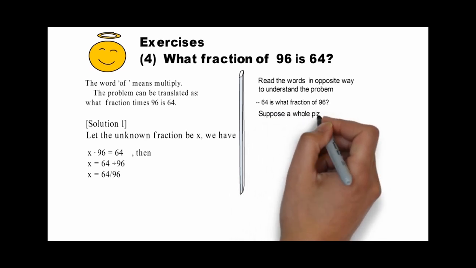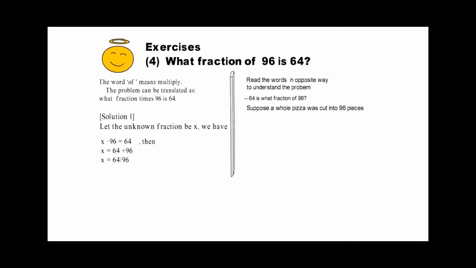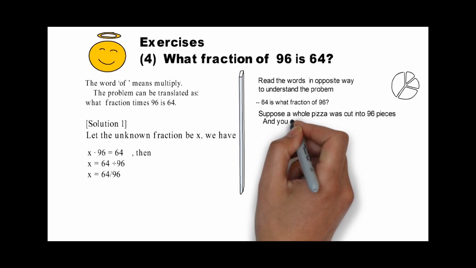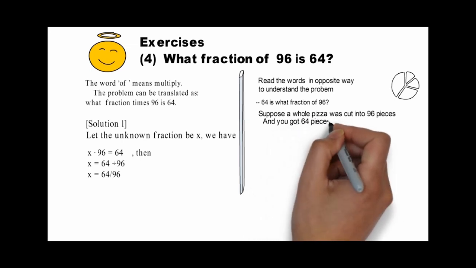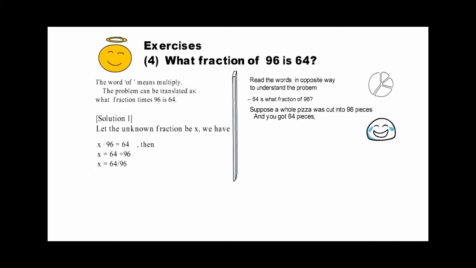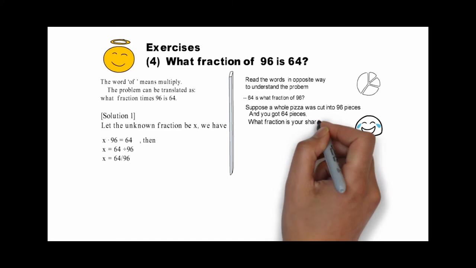So suppose we have a whole pizza, and that pizza is cut into 96 pieces. Okay? And now out of it, you're going to take 64 pieces. So if we take 64 pieces out of 96, what fraction is your share?